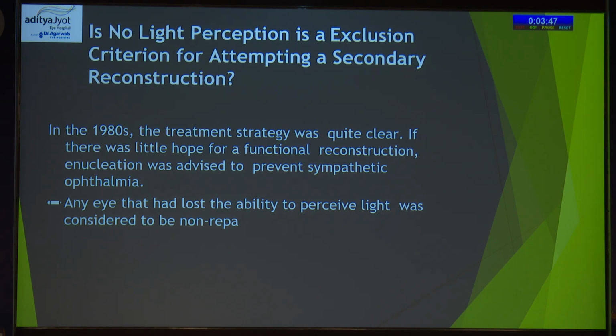And you should look for the earliest sign; for example, 30 years after the injury sympathetic ophthalmia has been reported. I had a patient, a young girl who had multiple vitreoretinal surgeries for retinal detachment. She came with difficulty in reading at the age of 18, so I knew it was the early sign of sympathetic ophthalmia.